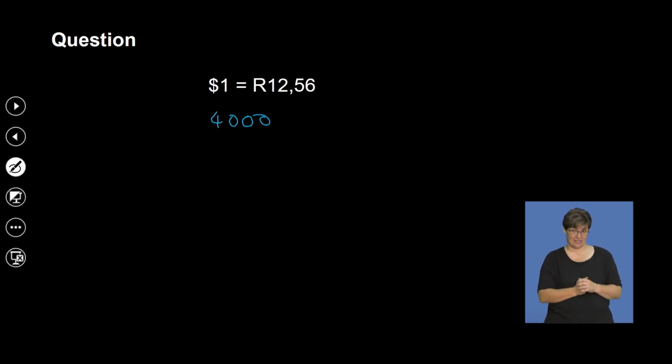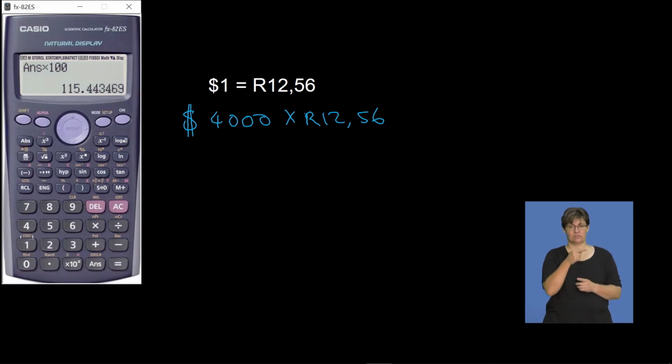This was $4,000. I'm gonna try and write a dollar sign there. So it means I will need to multiply this by the 12 rand and 56 cents in order to get how much it will be in South African rand. Then I will just go to my calculator.